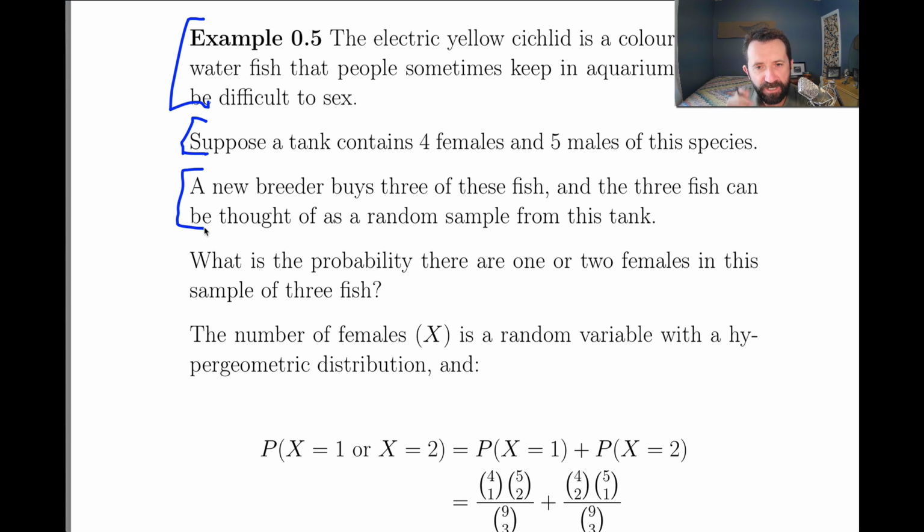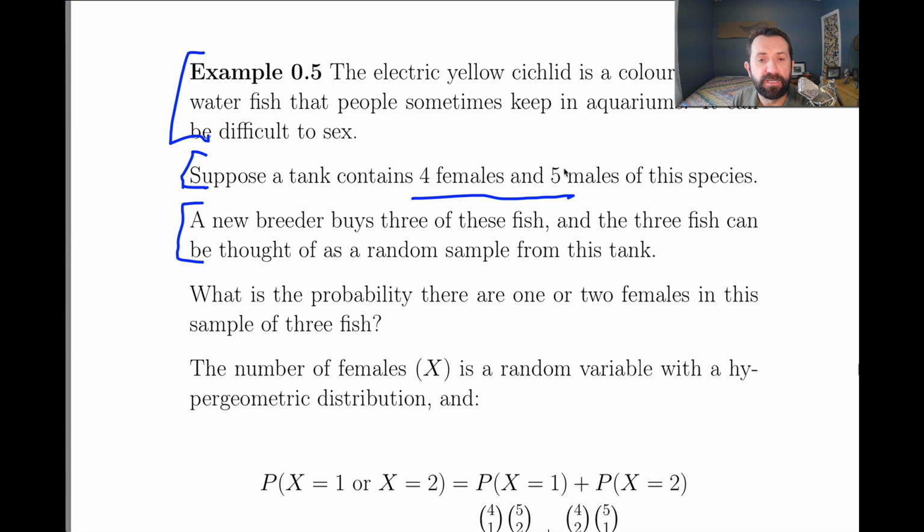They can't sex these fish, and they're just randomly going to draw 3 fish from this tank that contains 4 females and 5 males. So we can think of these 3 fish as a random sample, and to a reasonable approximation, as if they're drawn randomly from the tank.